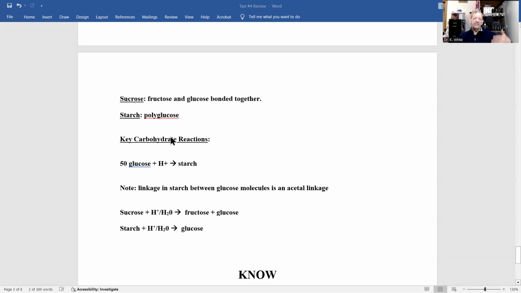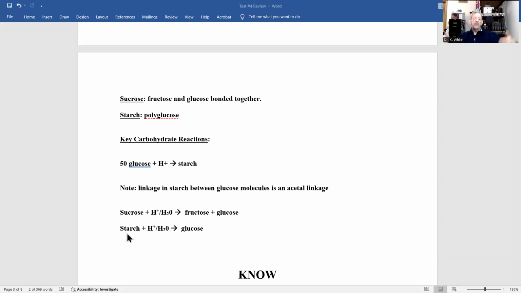So if we have an acetal and add acid, first of all, to glucose, you make starch, and the linkage between there is an acetal. And you learned in test number 2, acid and water and acetal breaks it down. So for sucrose, the acid in your stomach, HCl, H plus, and you got water there too, breaks sucrose down to fructose and glucose, and you should know this.